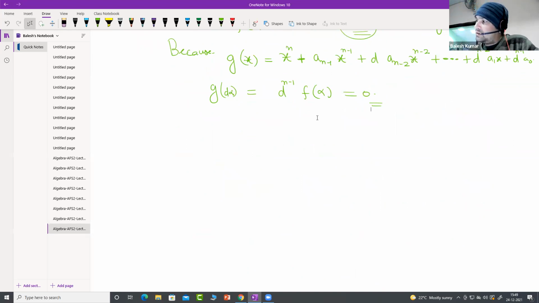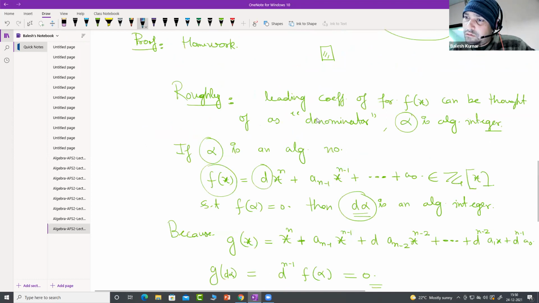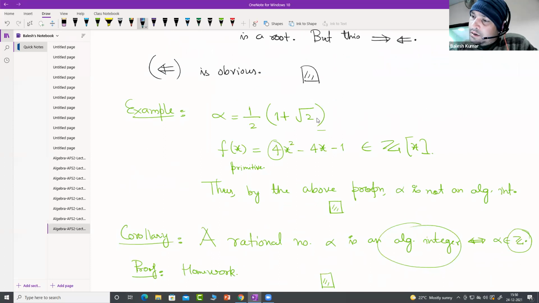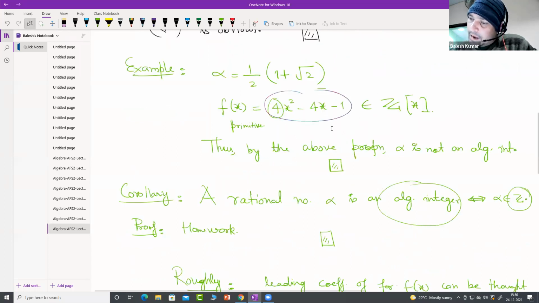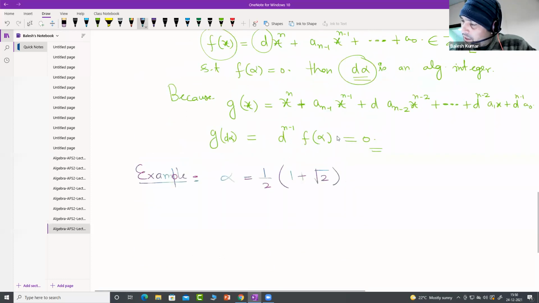For this, let me give you an example. If you take alpha to be 1 by 2 times 1 plus square root of 2, this is not an algebraic integer, but we can prove that 2 alpha is an algebraic integer.